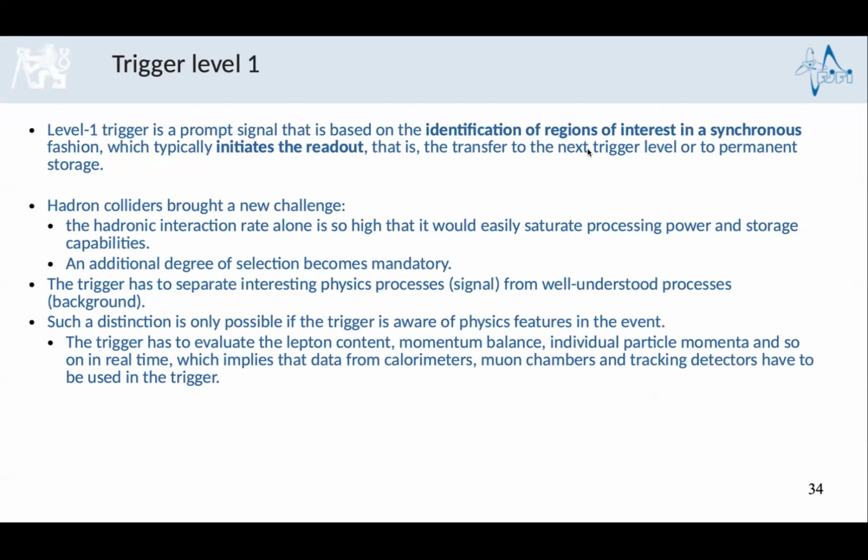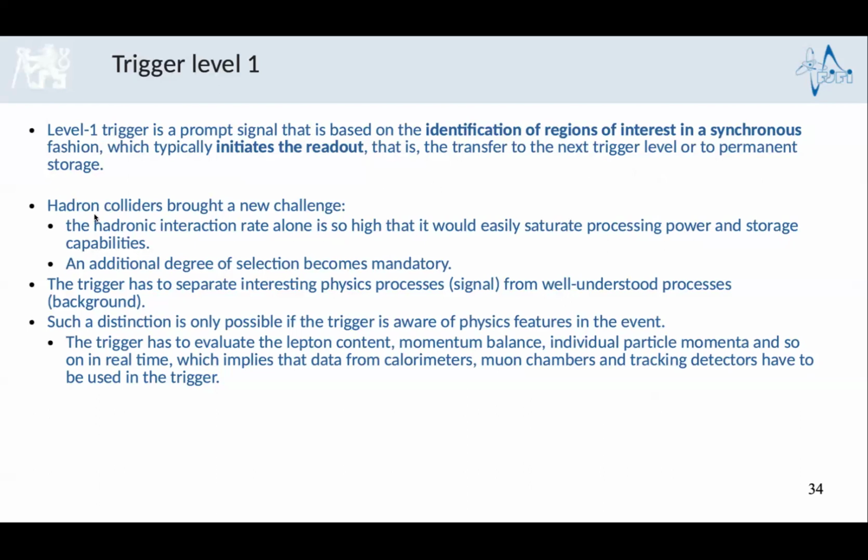And this is talking about collisions of detectors, no? This level of trigger mainly takes care of initiating the readout of the full experiment, and the information is transferred to the next level of trigger or can even be for permanent storage, no?